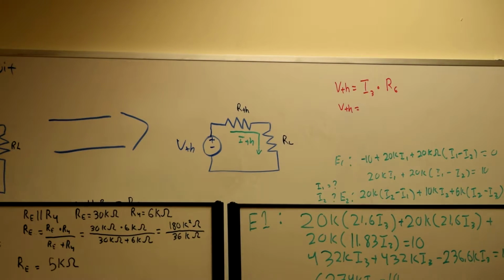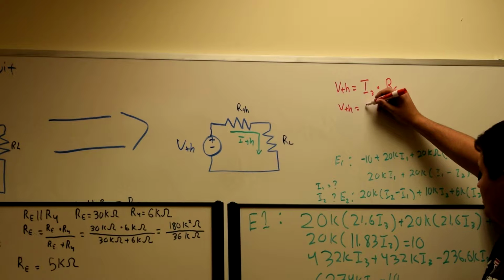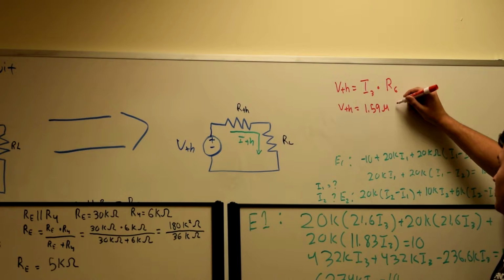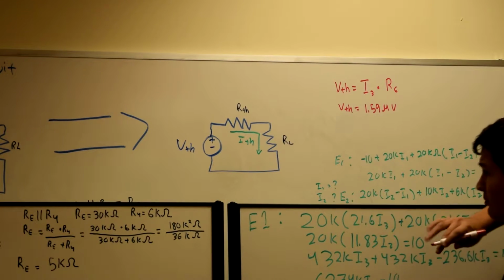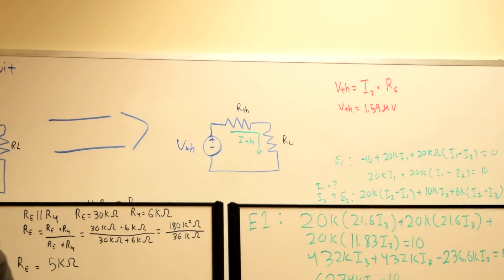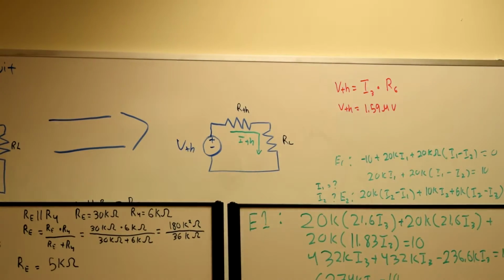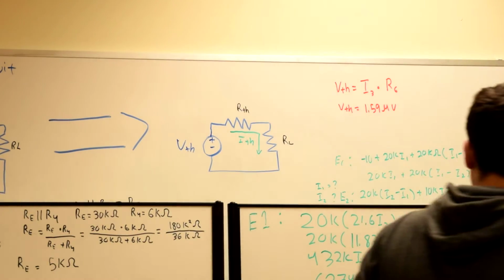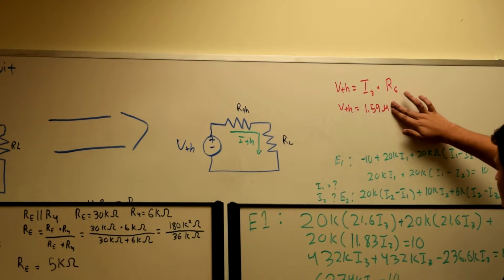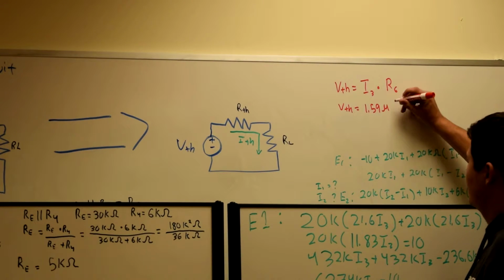So we have our I3 value, which is equal to 1.59 microvolts, which makes sense if you were paying attention as we come over. So the whole series was just voltage dividers across. So that should be a small current.